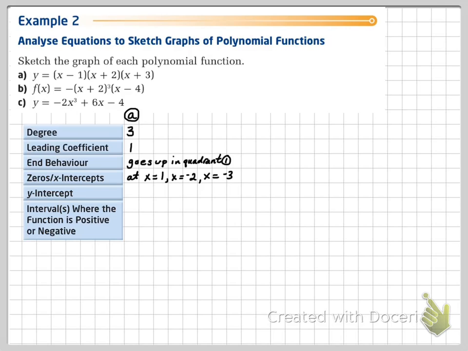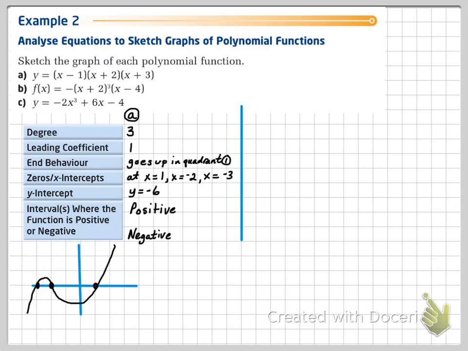The y-intercept, if we look at the last number, multiply those together, negative 2 times negative 2 times, anyways, let's move on.